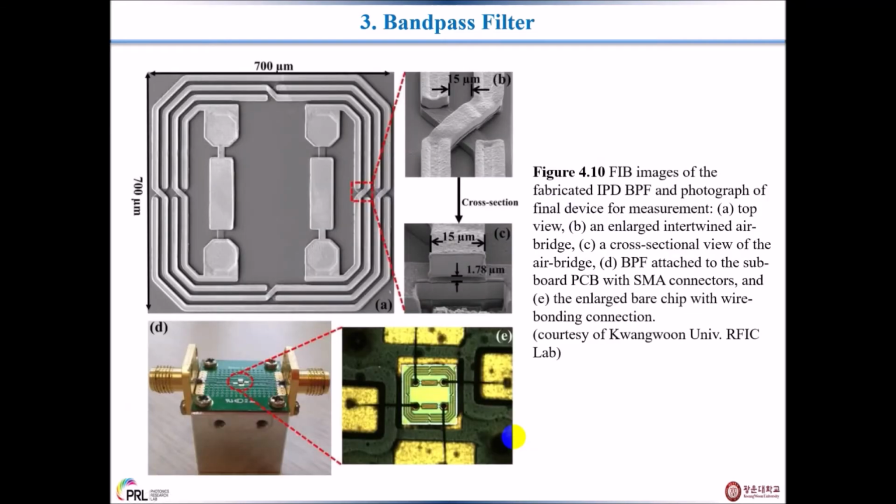In this section, we are going to show the FIB image of the fabricated IPD bandpass filter and a photograph of the final device for measurement. This one is the top view, figure B is an enlarged view of this bridge, and figure C is the cross section view of the air bridge.